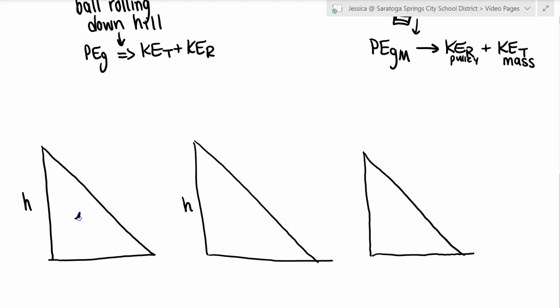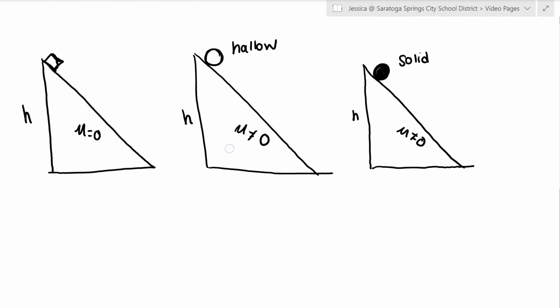This first one is frictionless and we have a block sliding down. These last two are not frictionless because this one has a hollow sphere rolling down, and this one has a solid sphere rolling down. And remember, we need friction to create the torque in order to be able to roll. So that's why I can't say these last two are frictionless. And what we might be asked to do is compare linear speeds at the bottom.